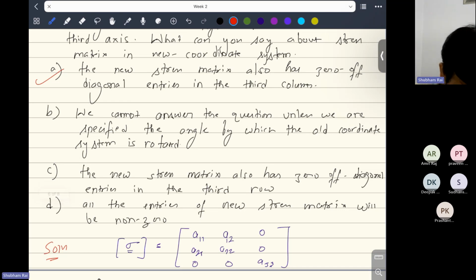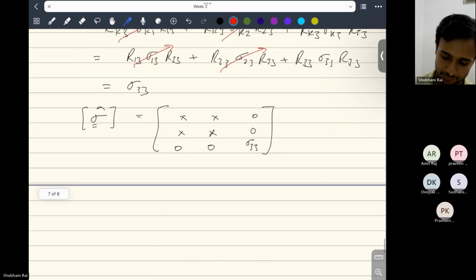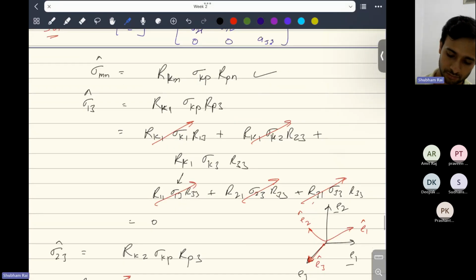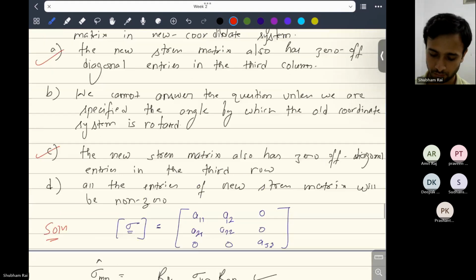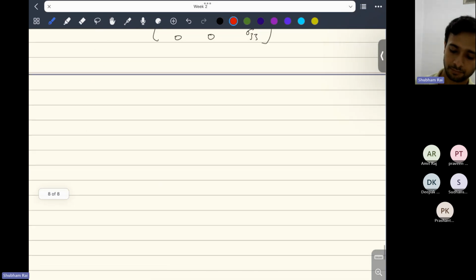So this is also true, because in the third row, this is symmetric, so off-diagonal terms will be 0, because this will be the diagonal term and this will be. So this is also true. Okay.